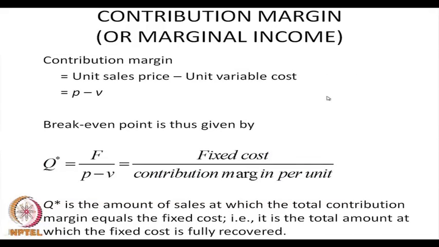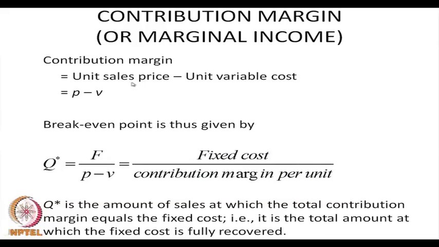Now, we can interpret the meaning of F divided by P minus V. First of all, let us understand that P is the unit sales price and V is the unit variable cost. This difference between price and the unit variable cost is known as contribution margin.